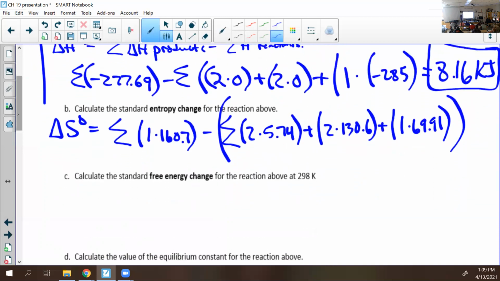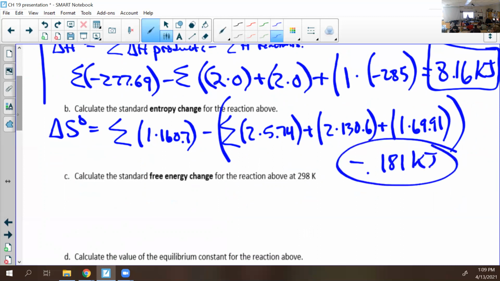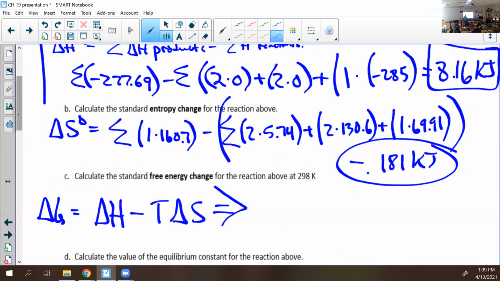All right, anyone have an answer for me? Negative 181. Are you okay if I say negative 0.181 kilojoules? Good. Okay, now delta G, what? Delta G is delta H minus T delta S, right? So just plug it in. 8.16. That was a positive, right?